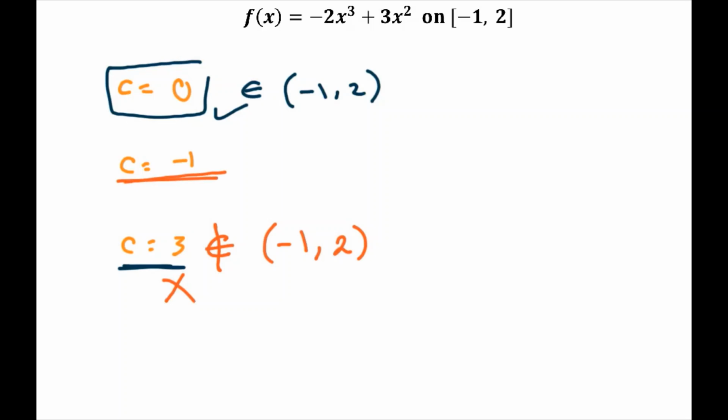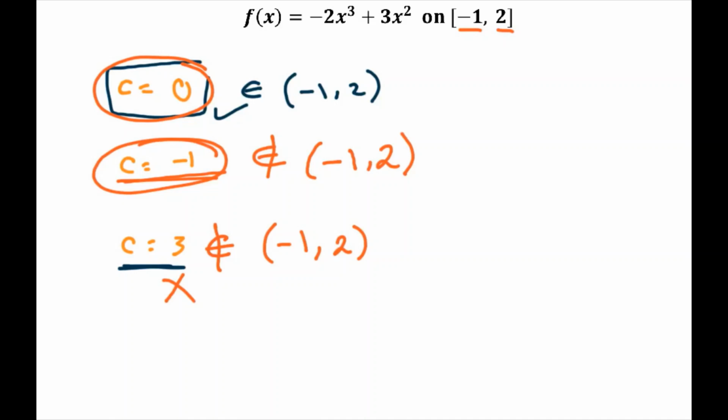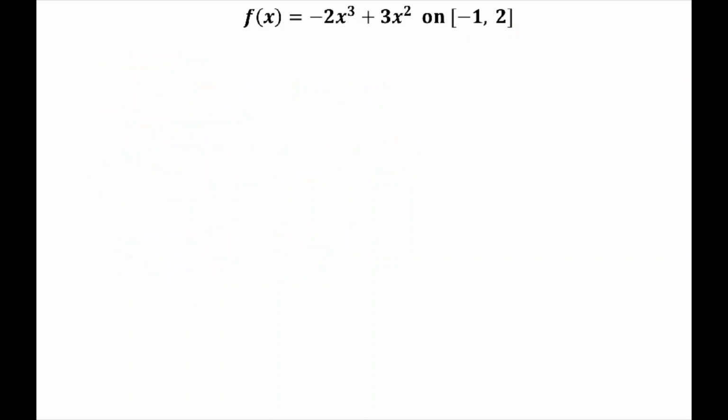What about if c is -1 or 2? Well, it's the same. It does not belong to the open interval -1 and 2. Therefore, c equal -1 does not satisfy the mean value theorem. The only case where c will satisfy the mean value theorem is if I find a number within the open interval.